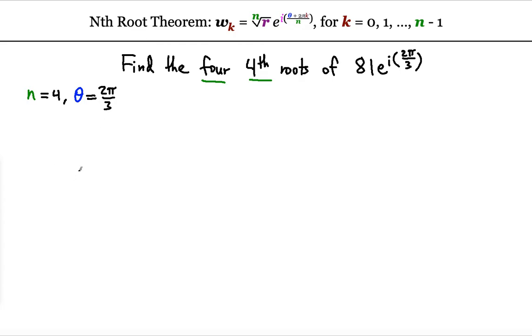So now we can express any one of these 4 fourth roots simply as the fourth root of 81 multiplied by e to the i times the quantity 2 pi over 3, because that stands for the argument theta, plus 2 pi k, divided by 4, the n value.